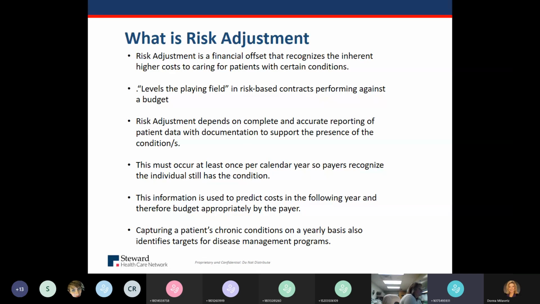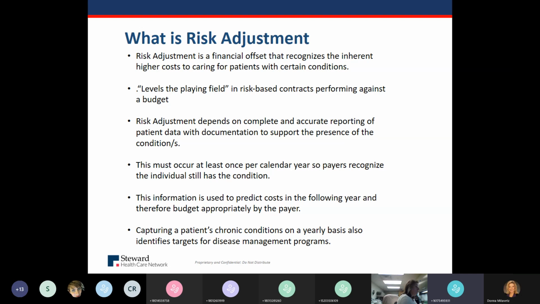So what is risk adjustment? The most basic way to say it is that risk diagnosis codes help set the budget for our risk contracts. It's a financial offset that recognizes that there are higher costs to caring for patients with these chronic conditions. It levels the playing field in all of our risk-based contracts, which I'll talk about on another slide, to perform against the budget.